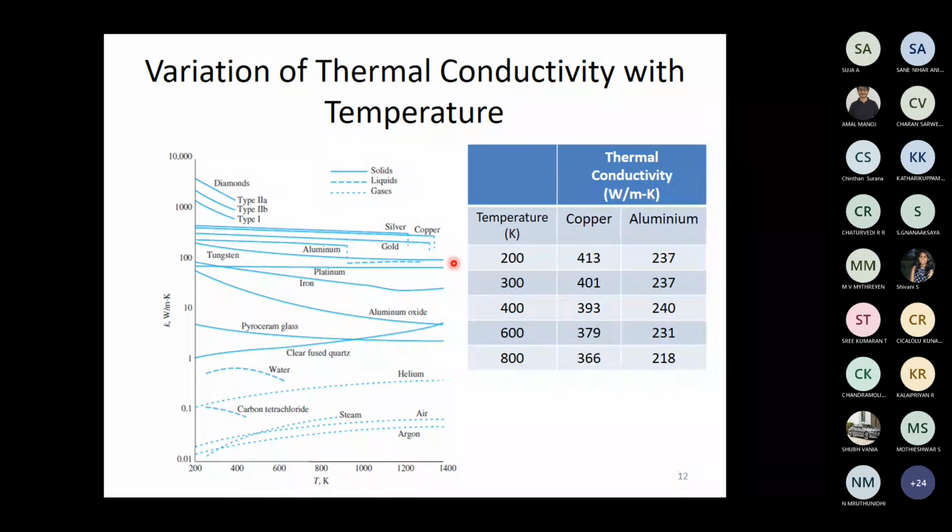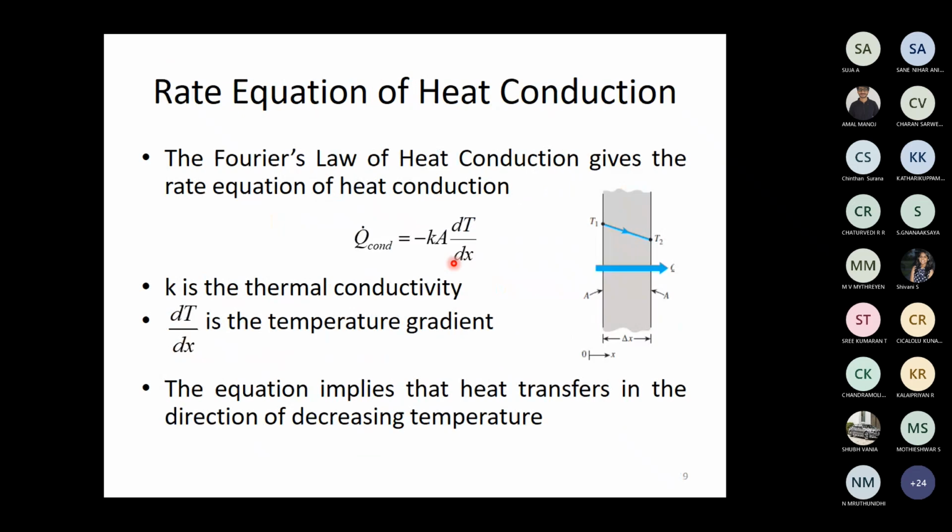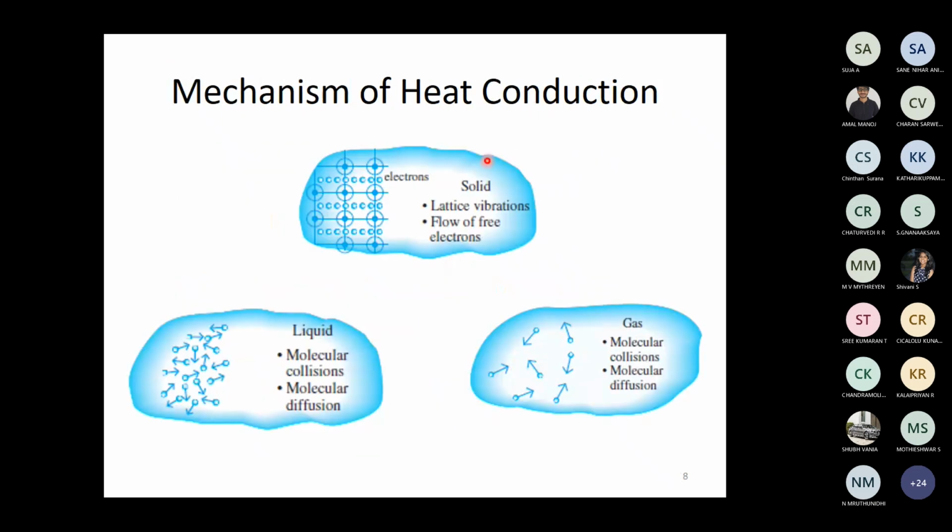So when the temperature is increasing, this anharmonic scattering is decreasing, thereby contributing to the drop in the conductivity. Another reason that people give to explain this drop is that the conductivity is a function of the lattice vibrations and also the flow of free electrons. What is happening at high temperature is that this lattice arrangement is getting distorted.